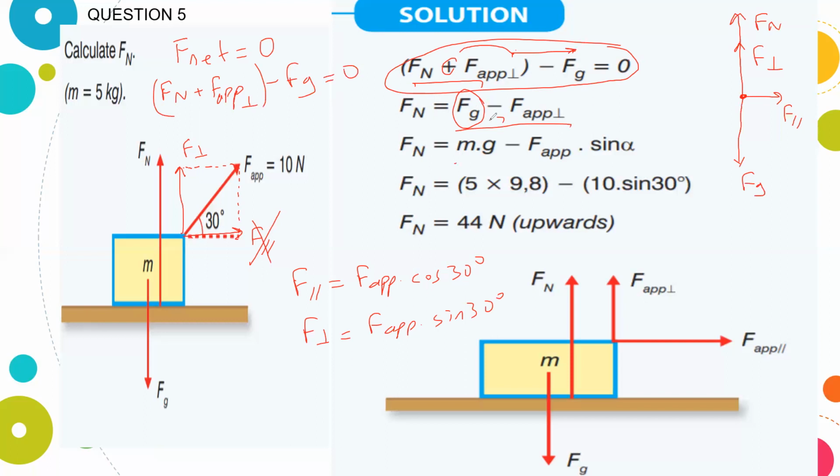I hope it is clear, this one. We'll have more questions about this one, people. It is just first time with angle you see, calculating components. So mg minus F applied times sine alpha, and the m is 5, g is 9.8, and then F applied is 10, sine 30 is half. So when you calculate, you are getting F normal 44 newtons upwards. Done. So calculating what is new for you here, components of forces.